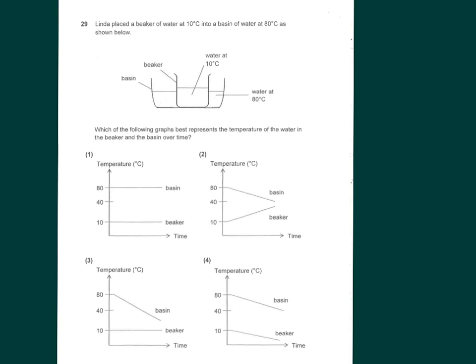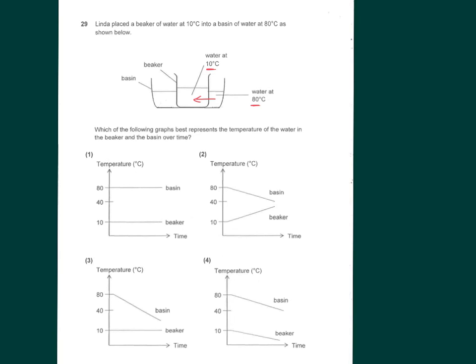Before going into the graphs, we must know which is the hotter one, because heat always transfers from the object of higher temperature to lower temperature. Here you have 10 degrees and 80 degrees. Water at 80 degrees is definitely hotter. So the direction of heat transfer would be from the 80 degree water to the 10 degree water. I've shown the direction of heat transfer.